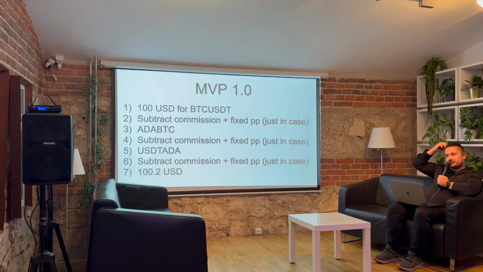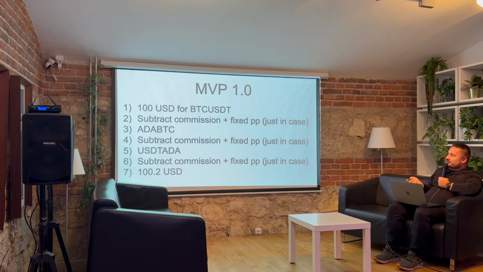Because the commission of Binance was 0.1%, I just raised it to 0.3, 0.4 to make sure that my solution is very good, right? Because it's very important not to try a project which loses your money, right?